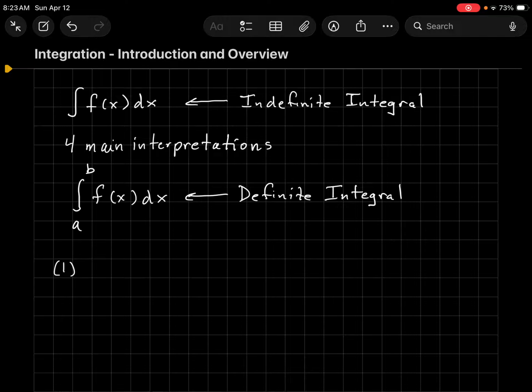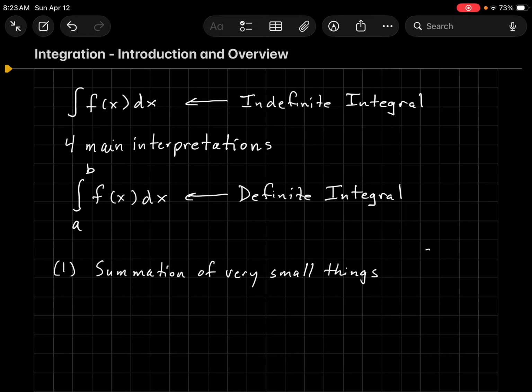By its nature, an integral is a summation of very small things. More specifically, of infinitesimally small things.